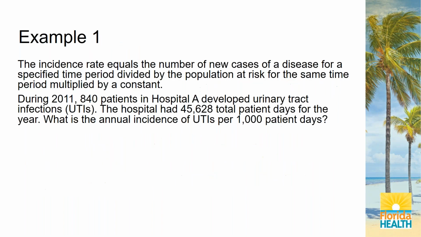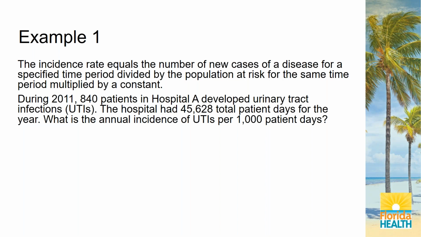So let's do an example. The incidence rate equals the number of new cases of a disease for a specified time period divided by the population at risk for the same time period multiplied by a constant. Our example is during 2011, 840 patients in Hospital A developed urinary tract infections.